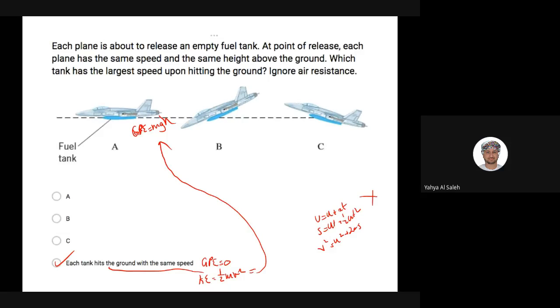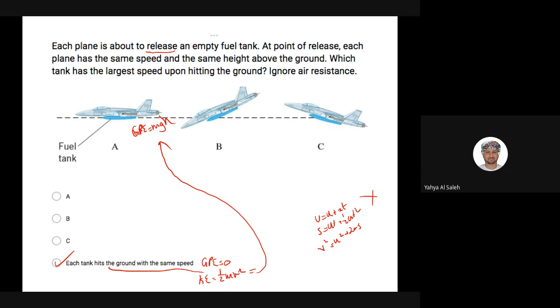Doctor, does the angle not affect it? No, it does not. Since the question says it is released, it is basically just left there. Now, at what angle do you leave it? Imagine holding a pen and then just opening your hand and letting it drop.